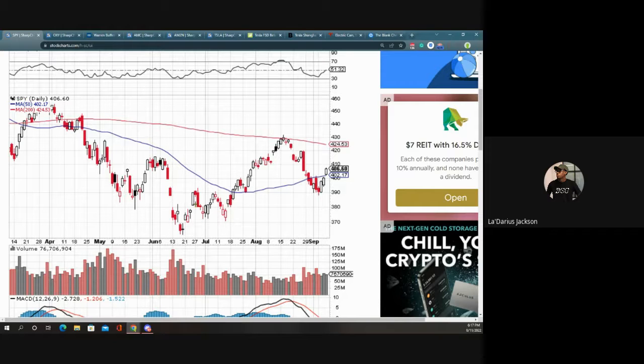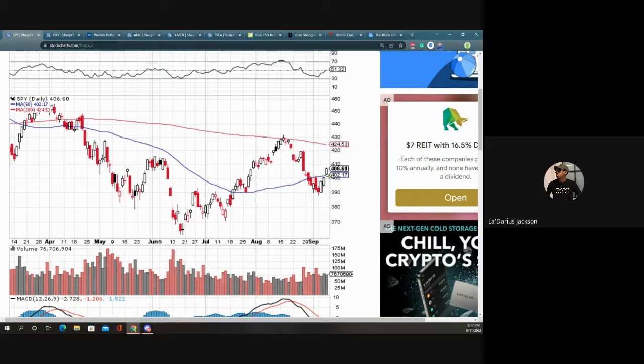Another thing that a lot of people who analyze charts forget to mention is that if it's an up candle, that means it opens at the bottom and closes at the top. Now, what does that mean? This candle right here, the bottom of it touched the 50-day moving average. The 50-day moving average is this price right here, 402.17.